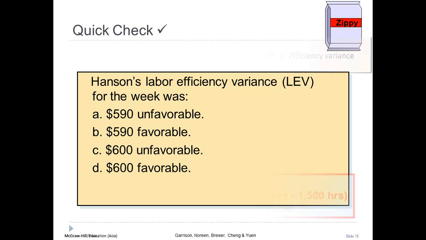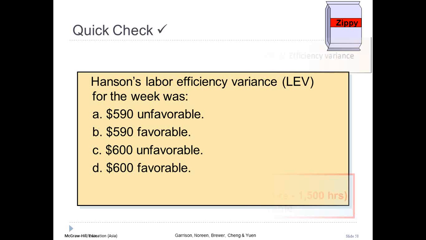We find the labor efficiency variance by multiplying the standard rate for 1 hour of labor times the difference between the actual hours of labor and the standard hours of labor.